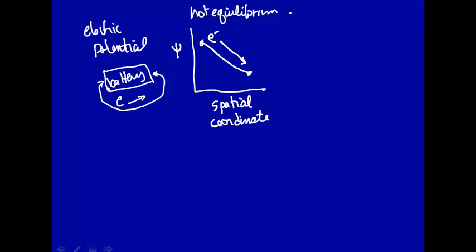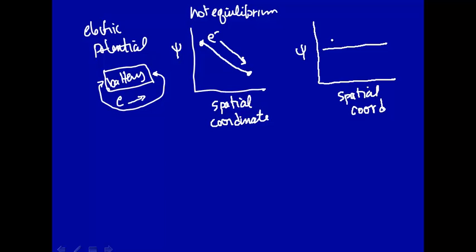If the system is at equilibrium, the plot of potential versus spatial coordinate will be flat, so nothing's happening. If you have an electron right here, there's no potential gradient, and potential gradient is related to force, so there's no force to move electrons from one place to another. The system is at equilibrium when there are no gradients in an intensive variable, and therefore no fluxes of the corresponding extensive variable.